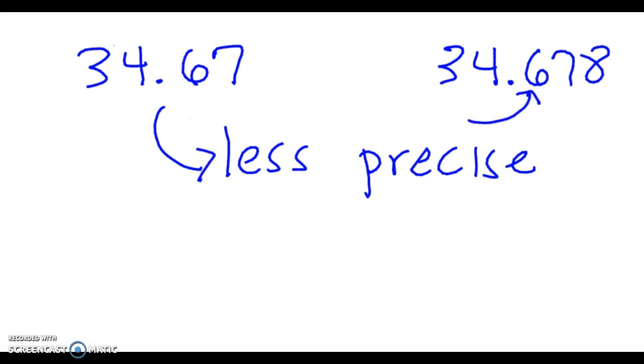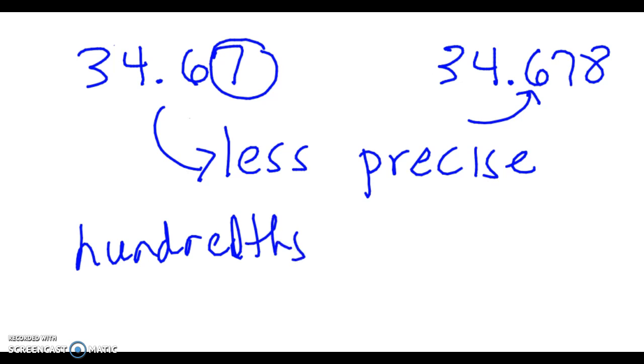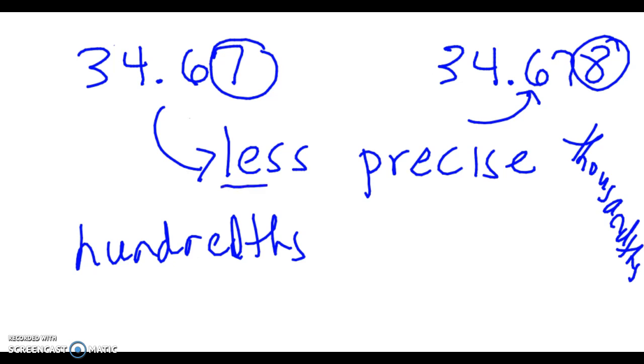The reason we say it's less precise is because we look at the decimal position of the last significant digit. This 7 is in what decimal position? It's in the hundredths, okay? Whereas the 8 is in the thousandths. So again, it's less precise.